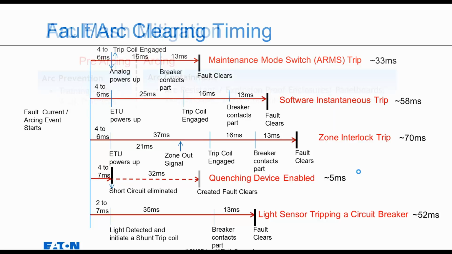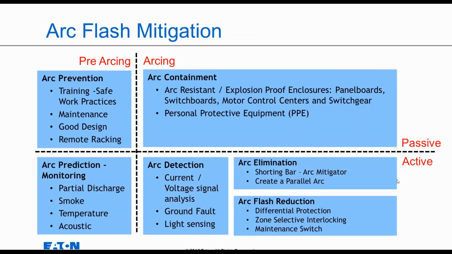So, sum it all up, it's quite a landscape of arc, but I kind of like this slide too. It gives you a very broad overview of passive, active things you can do before arcing condition, or types of systems that you can enact to reduce or eliminate arcing once it starts.